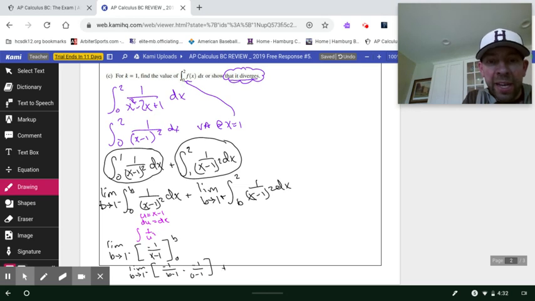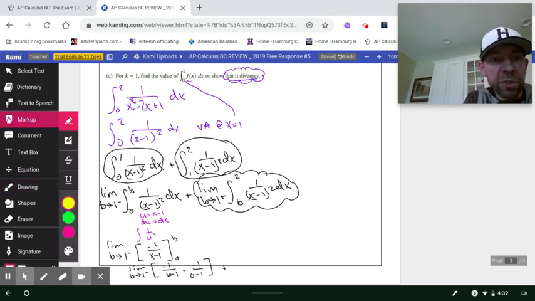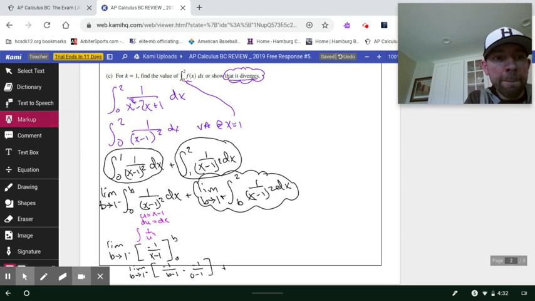Notice I haven't done anything with this integral in a little while, and that's okay, because watch what's happening here. Since the value of b is approaching 1 from the left, you can assume that this b right here is about 0.999999. Once you subtract 1 from that, your denominator is becoming negative 0.000001.